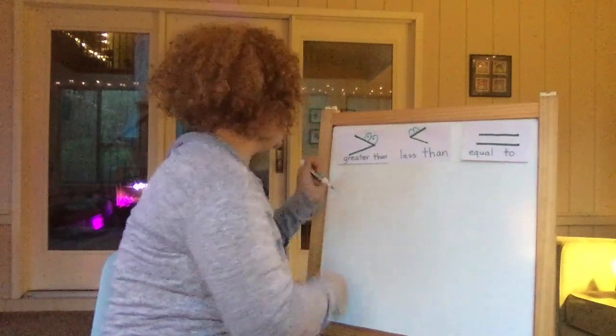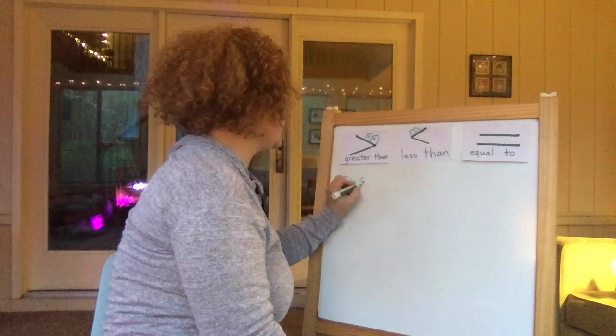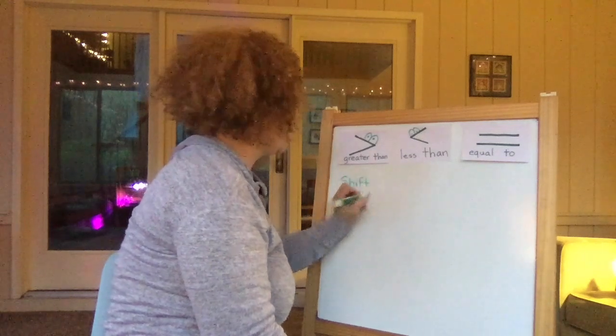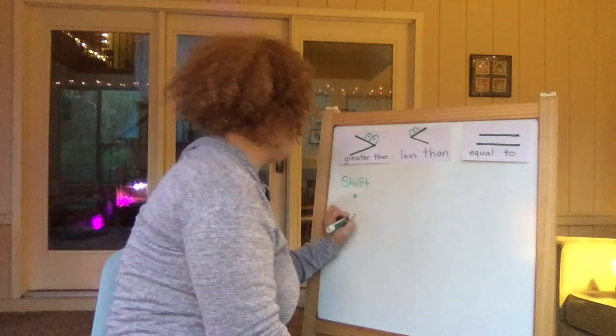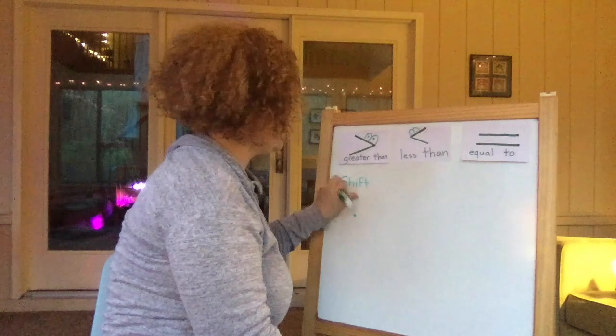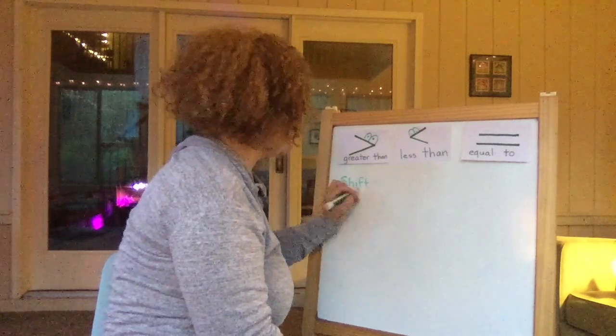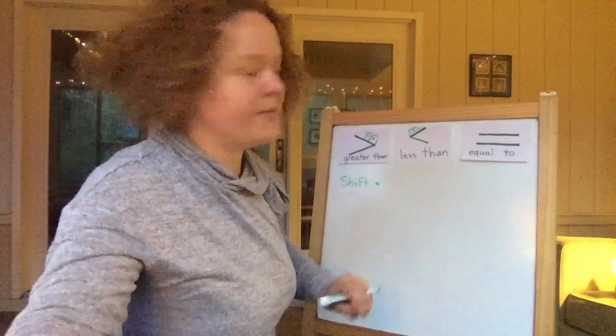So I'll just write that down in case you want to look back or freeze this and look at it when you're ready to do your work. Shift, and then you hold it, and then the period. Okay, so shift and period for that one.